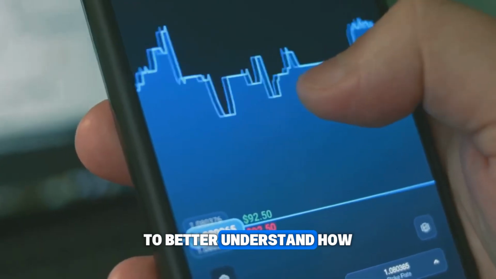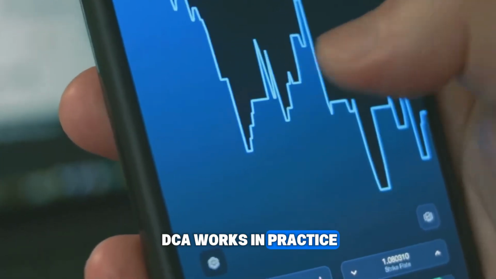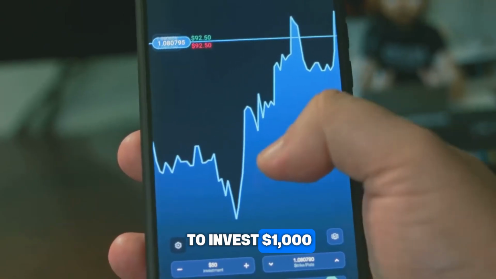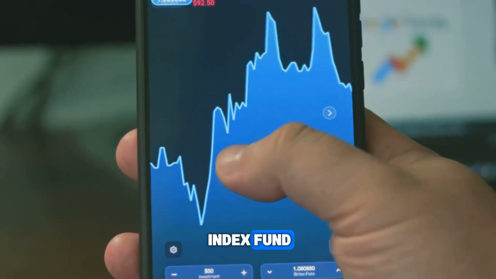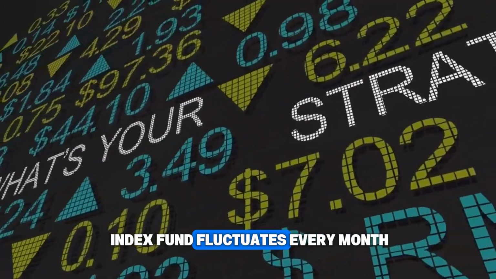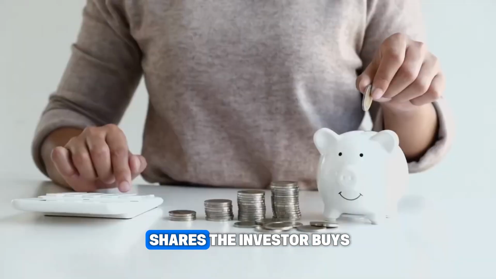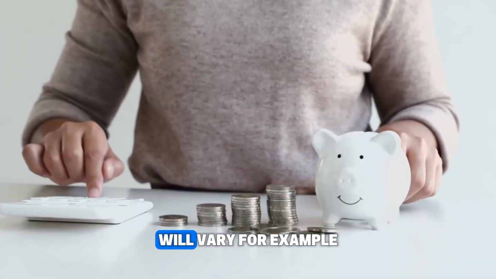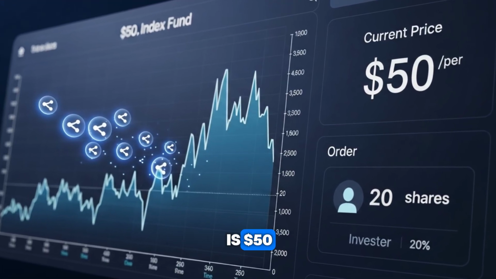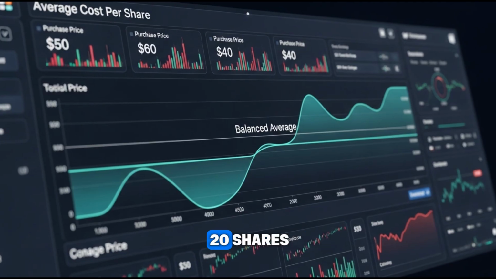How dollar cost averaging works in practice. To better understand how DCA works in practice, let's break down a typical example. Suppose an investor decides to invest $1,000 every month into an index fund over the course of 12 months. The price of the index fund fluctuates every month, so the number of shares the investor buys each month will vary. For example, if the price per share in month 1 is $50, the investor will buy 20 shares.